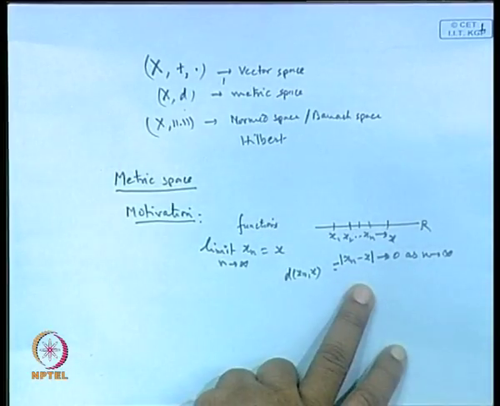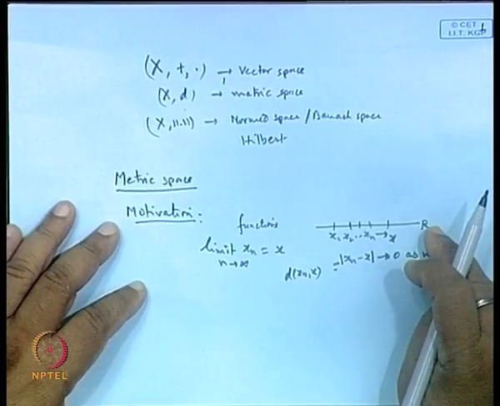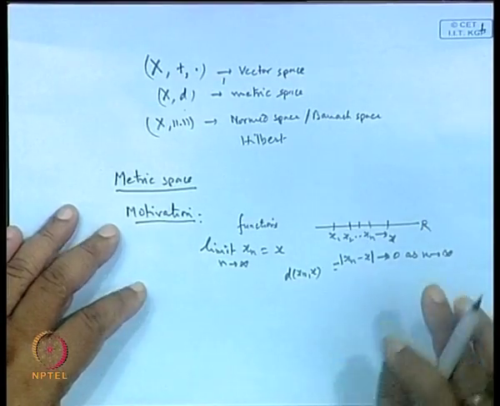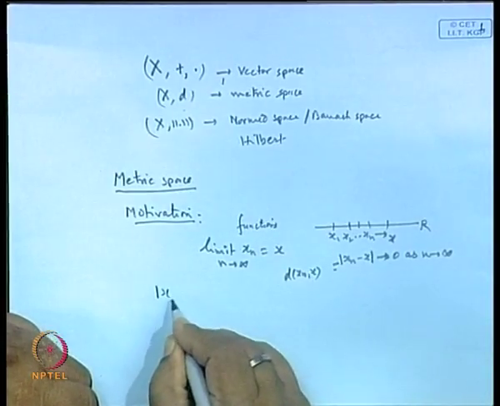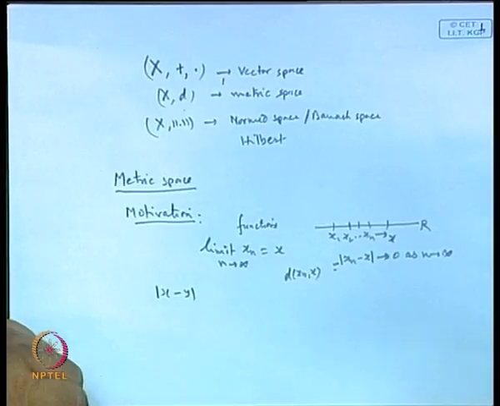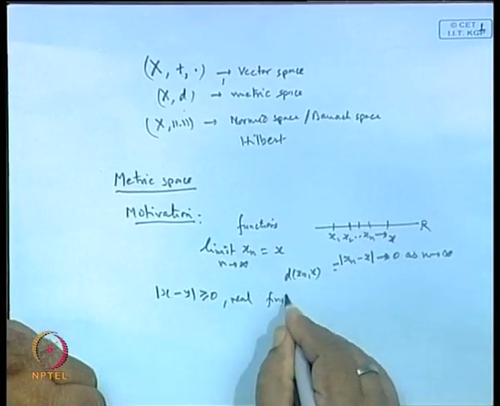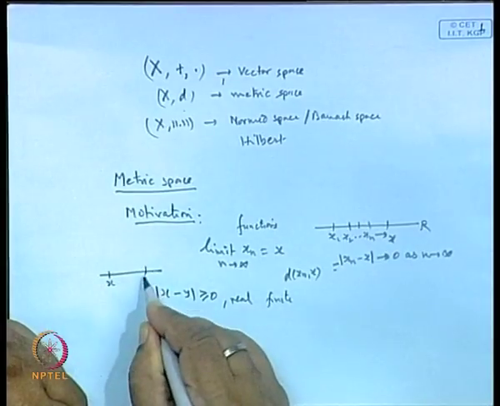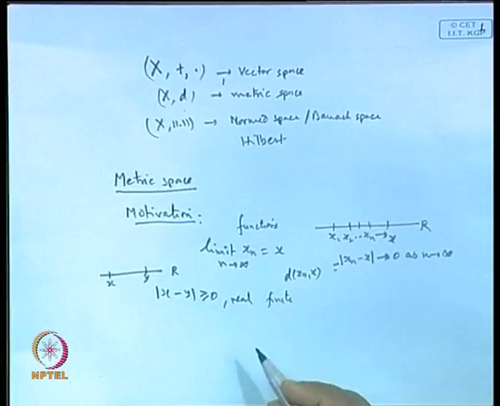Now, this particular type of distance function, which is defined over the real line, satisfies certain conditions. It is always greater than or equal to 0. It cannot be negative. It is a real and finite quantity. So, if we take two points x, y on the real line, then |x - y| will always be greater than or equal to 0.